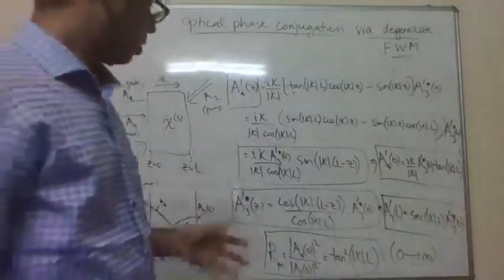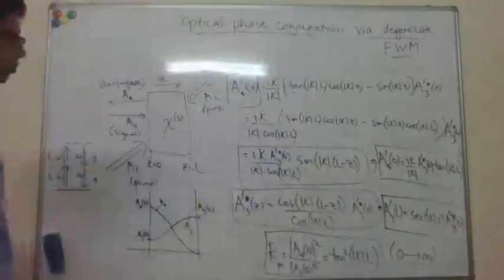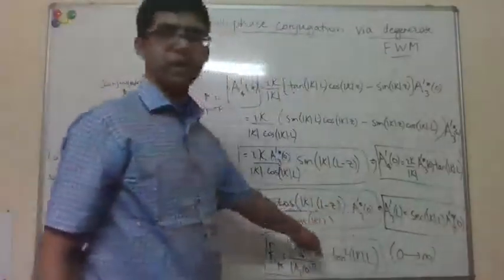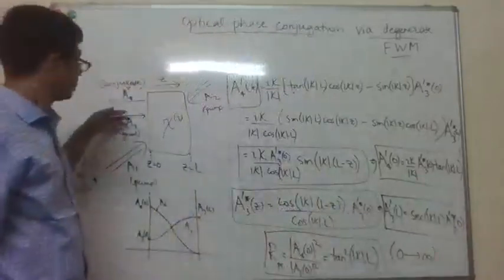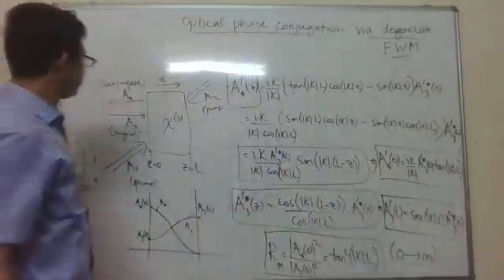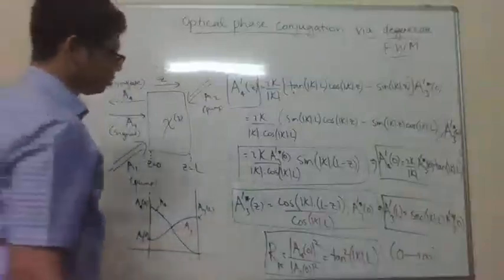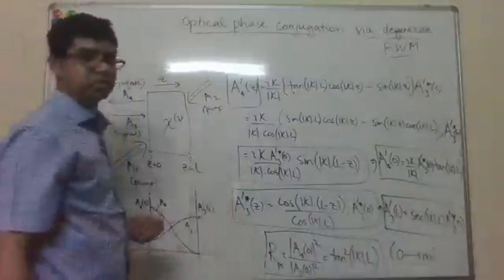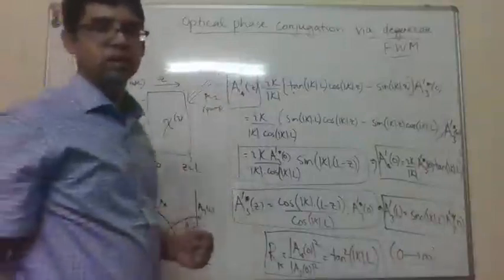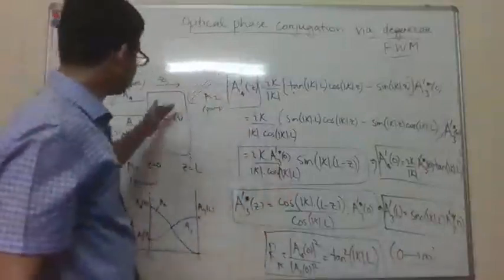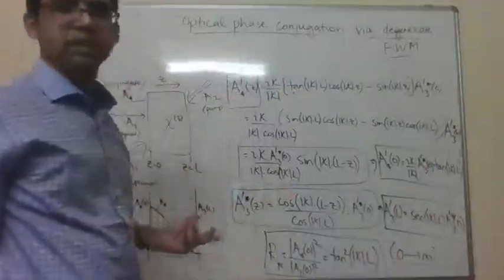Another thing to note: let's say you have kappa L equal to pi by 2. Then the reflectivity can be really large. Any small fluctuation will be suddenly amplified and we get a big reflection. If I have a chi-3 medium and send in two strong counter-propagating beams, strong enough that the nonlinear phase shift through the medium is of the order of pi by 2, then this setup is unstable.